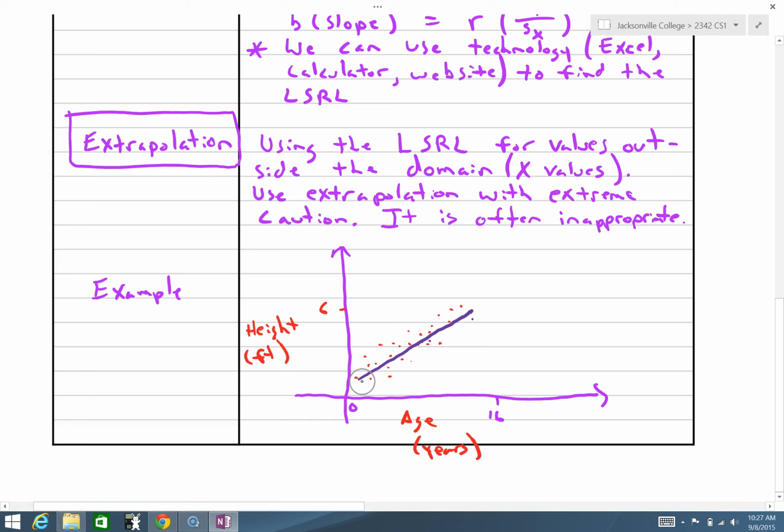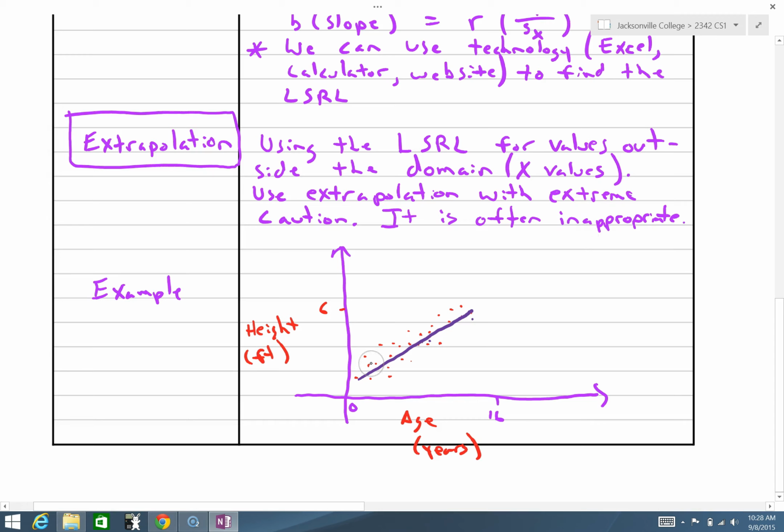Well, this line is intended to be used for only values that we have, that is values from 0 to 16. It would be inappropriate to use this model for predicting at age 30, because as we know, at about 16 your height tends to level off and you're going to be this height for the rest of your life. If we extended this line all the way up to age 30, we might predict that you're going to be 12 foot tall. We know that's absurd.